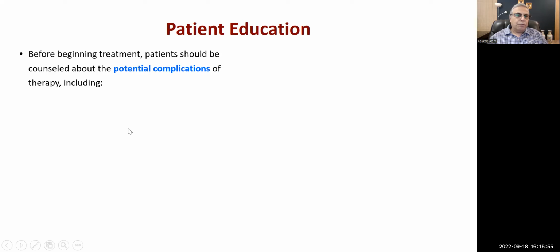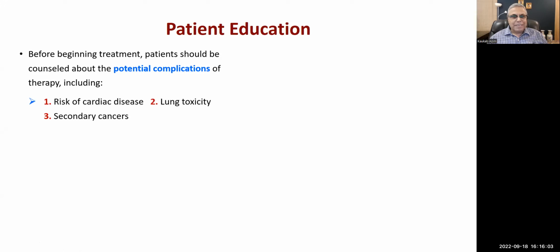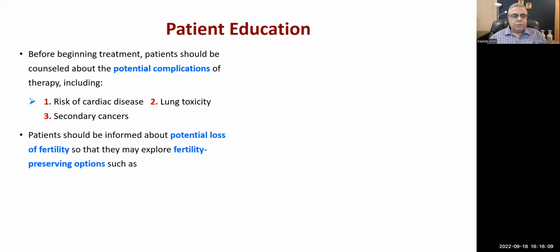Okay, before beginning treatment, patients should be counseled about potential complications of therapy, including risk of cardiac disease, lung toxicity, and secondary cancers. And patients should be informed about potential loss of fertility. That is a problem, particularly, as I've shown you, it is bimodal.